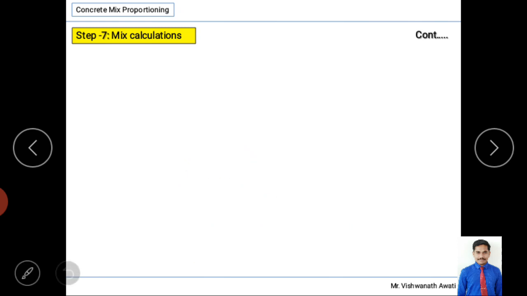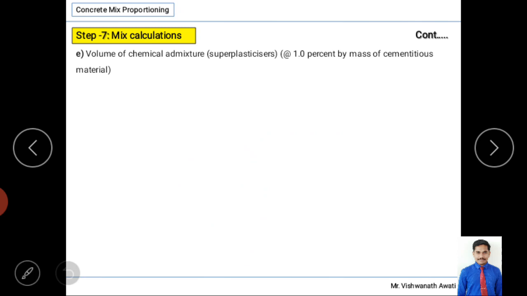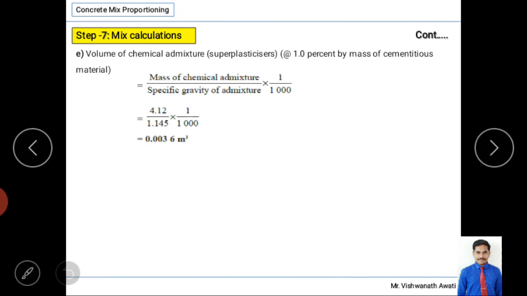Next, we calculated the air volume, the cement volume, and the water volume. What is remaining? Super plasticizers or chemical admixtures, right? The mass we have not calculated, using the same formula. But how to assume the mass? Because we assumed in an earlier step 1% by mass of cementitious material.